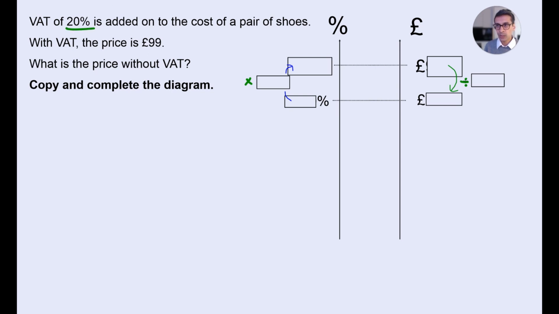So VAT of 20% is added to shoes. With VAT, the price is £99. So 100% is our original, and we're adding 20% on. So that means the scale factor is 1.2. Now with VAT, the price is £99. Now, if we're multiplying by 1.2 in this direction, then to go the opposite way, we're going to divide by 1.2.